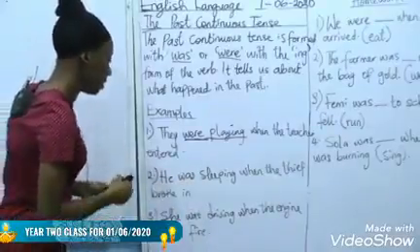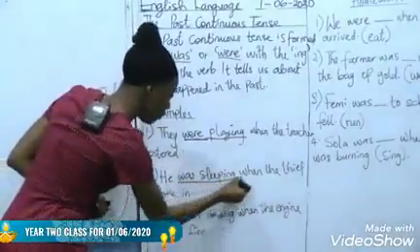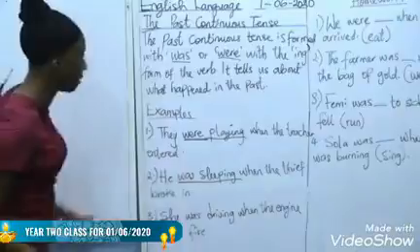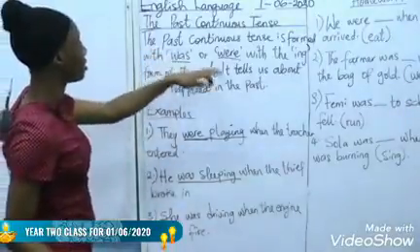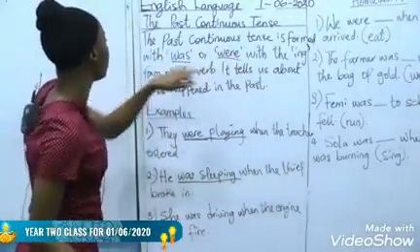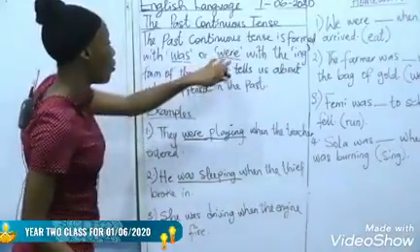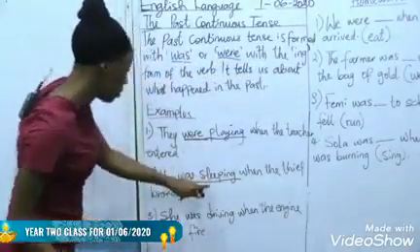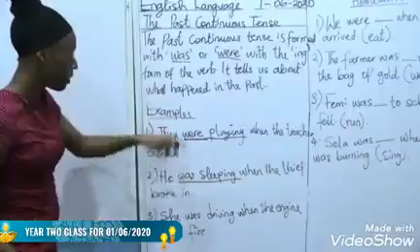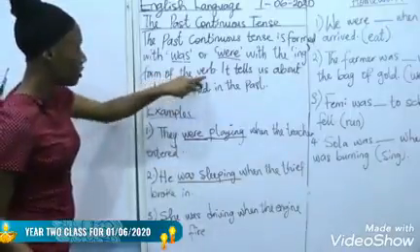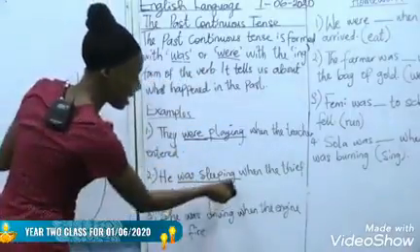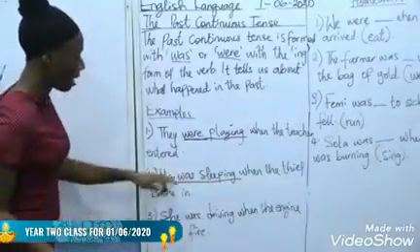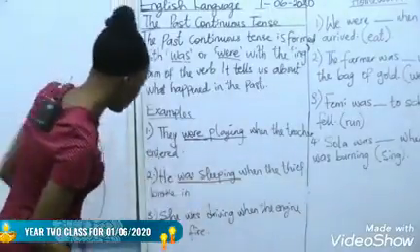Now look at it again. The past continuous tense is formed with was or were with ing. Sleep is a verb and there is ing at the back of it. So this is past continuous tense.